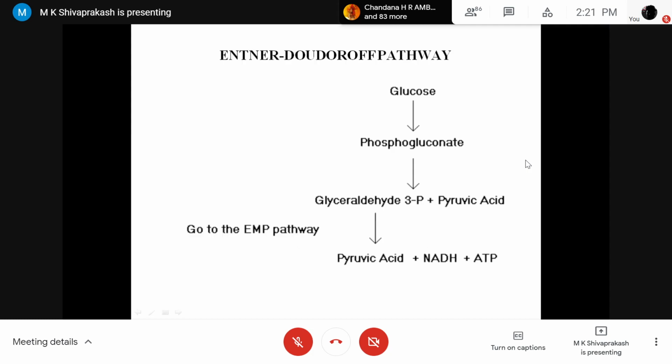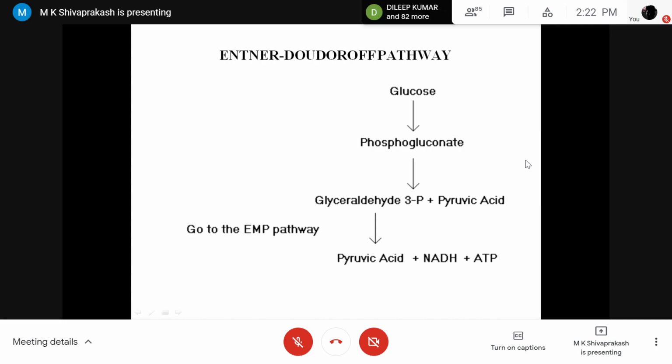The next thing is the Entner-Doudoroff pathway. It is seen in Pseudomonas, and the key compound produced in the organisms which follow this is KDPG, that is 2-keto-3-deoxy-6-phosphogluconate.